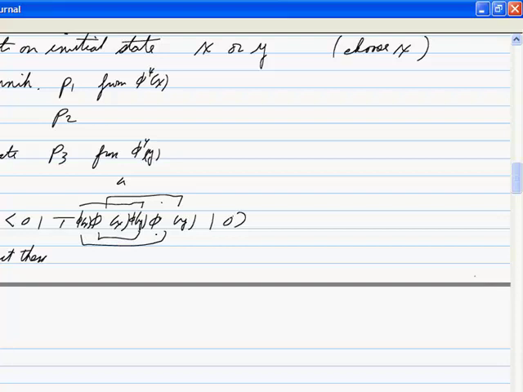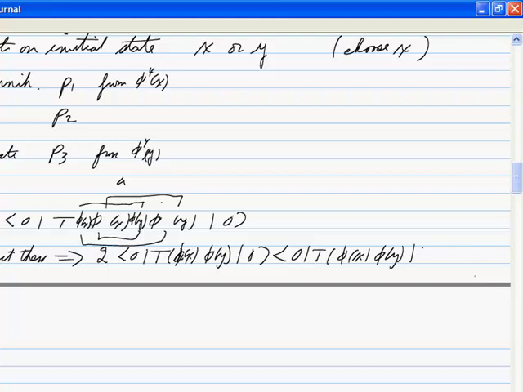There are only 2 possible pairings. You can't find any more. So this turns into a factor of 2 times the time-ordered product of phi at x, phi at y, times the same thing again.